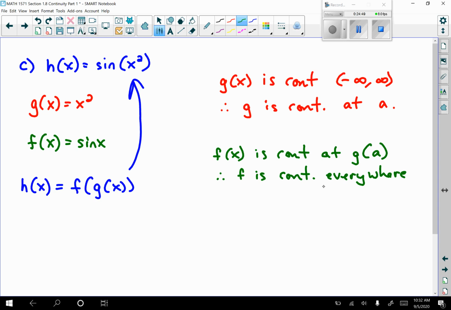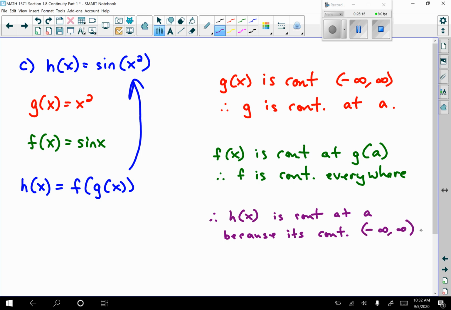F is continuous everywhere, therefore f of x is continuous at g of a. And then ultimately saying, if those two conditions are met, therefore h of x is continuous at a because it's continuous everywhere as well. And again, from negative infinity to infinity.